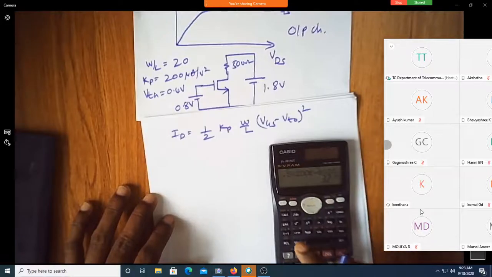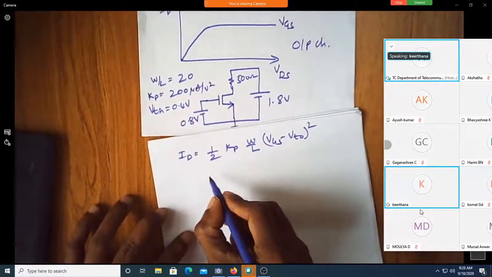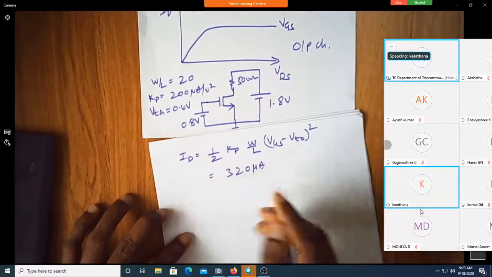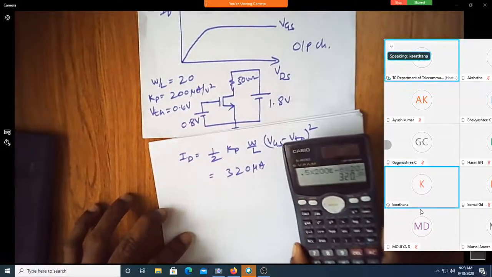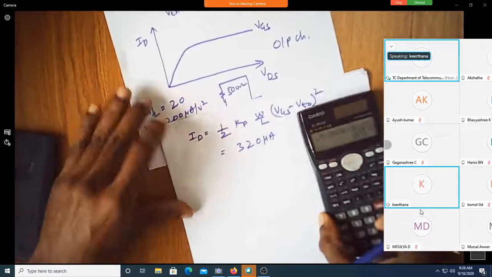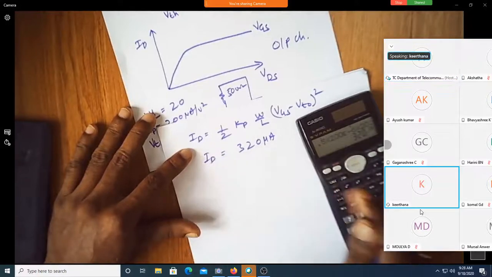It is 320 micro, correct? 320 micro, no? Okay, so ID is equal to 320 microampere.